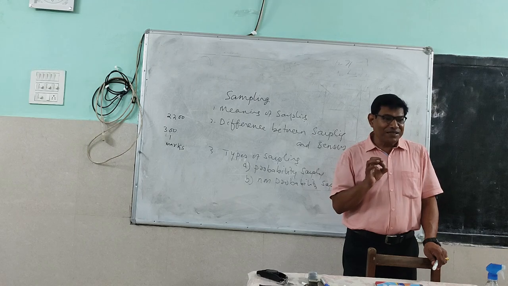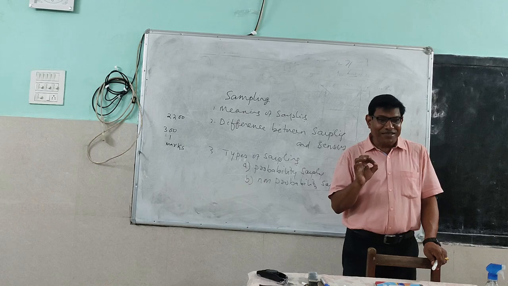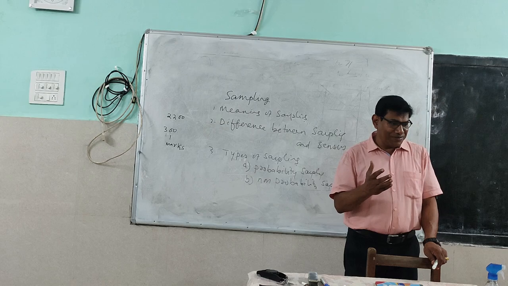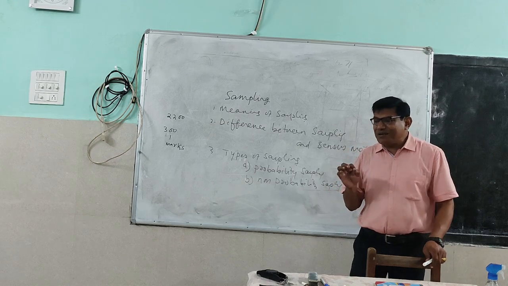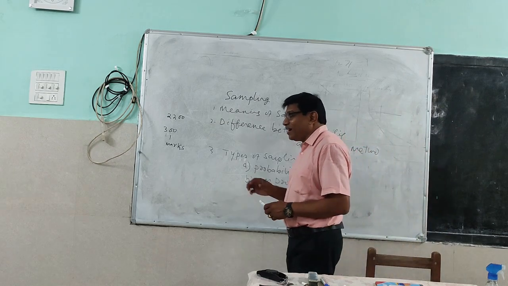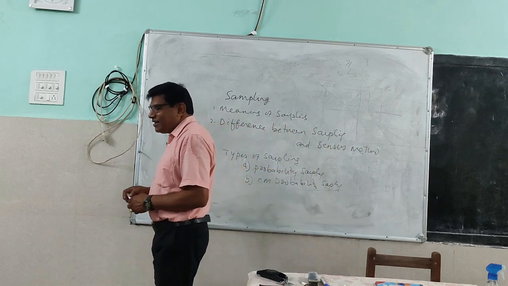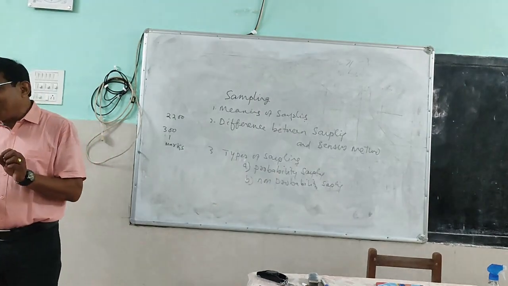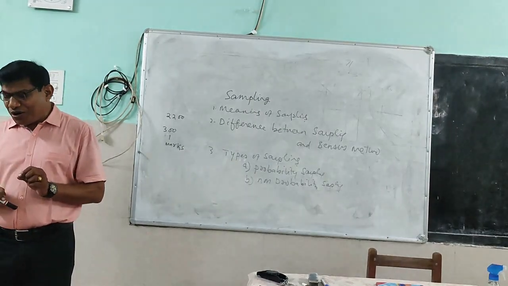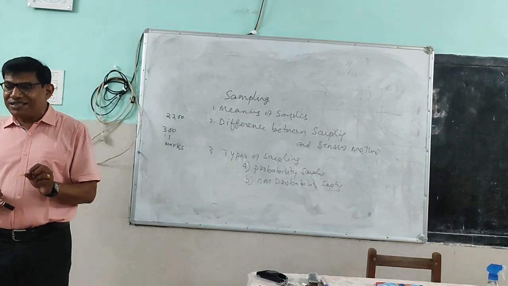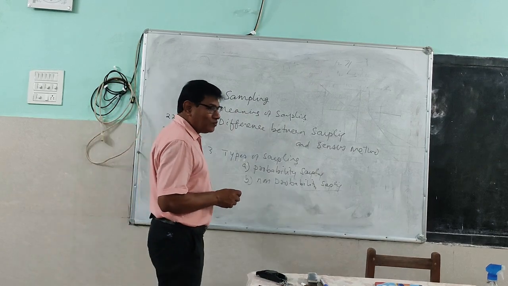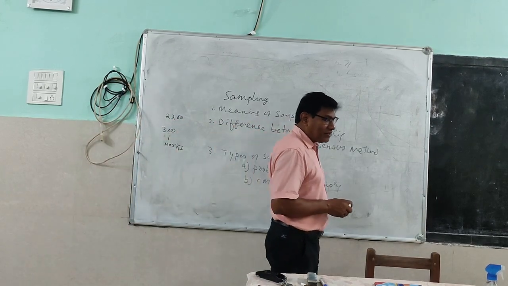So what are the advantages of the census method? The census method has more accuracy, but the disadvantage is that it is very time consuming, very expensive, and difficult. The results of the census method are more accurate than the sampling method.